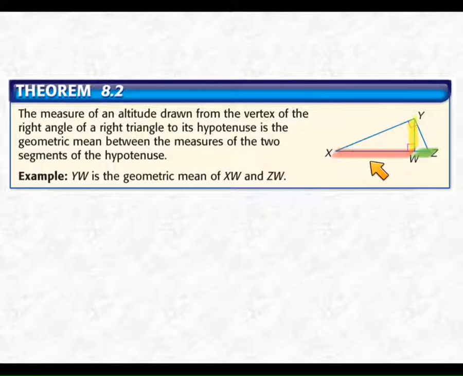So if I gave you how long the red piece is and how long the green piece is, the geometric mean between those two numbers would be this yellow piece, YW. You only need those two pieces to find how long the altitude is. So that theorem is very useful.